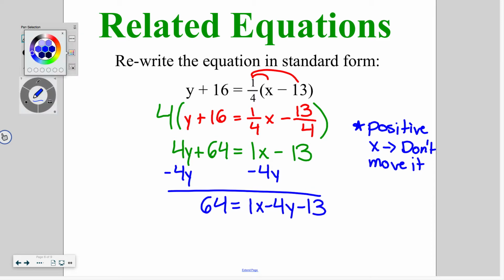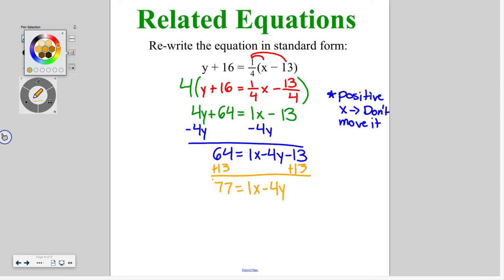Then I need to get rid of that 13, so I'm going to add 13 to both sides, giving me a final answer of 77 is equal to 1x minus 4y.